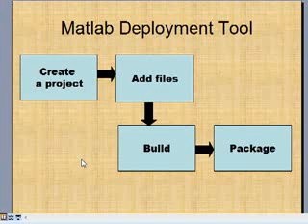Especially two kinds of files are accepted: one is .m files and another one is .max files. We are not discussing .max files in this screencast, only .m files. And the third step is build the project, then package. We'll discuss each step in detail.